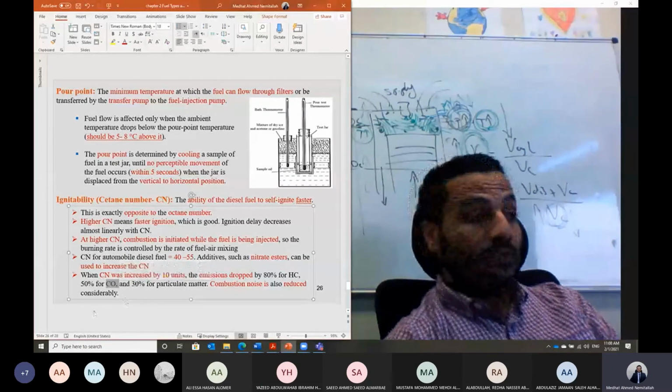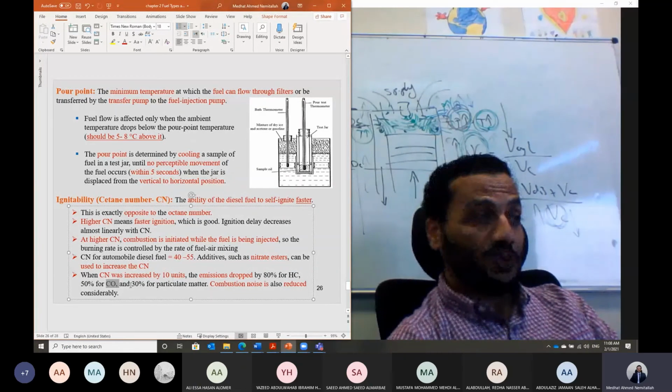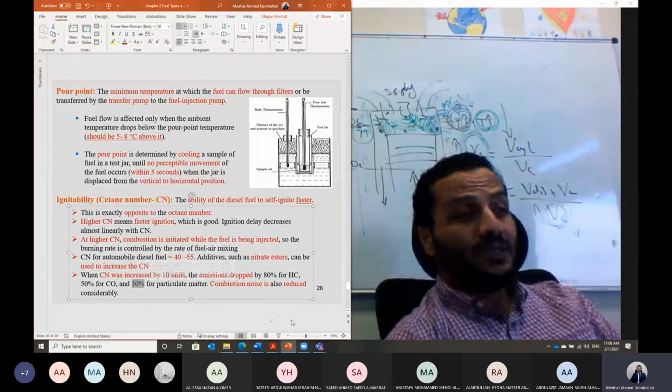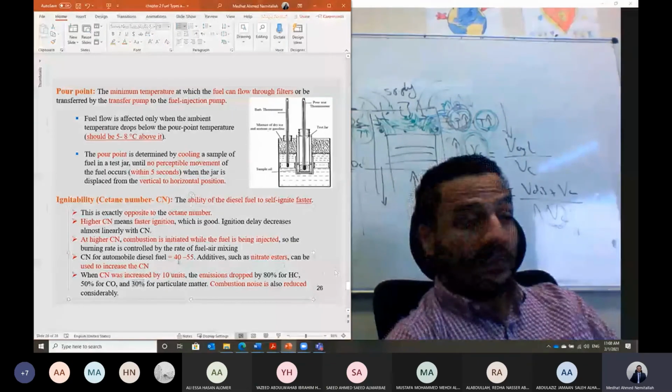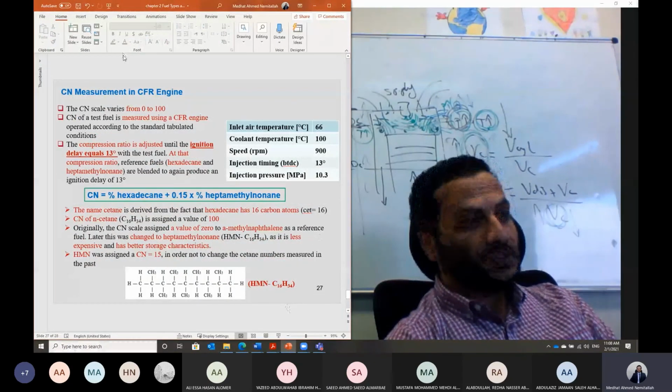The carbon monoxide emission will be reduced about 50% if we raise the cetane number by 10 units, and the particulate matter will be reduced by about 30%. So the cetane number is a very important parameter for the characteristics of the diesel fuel.